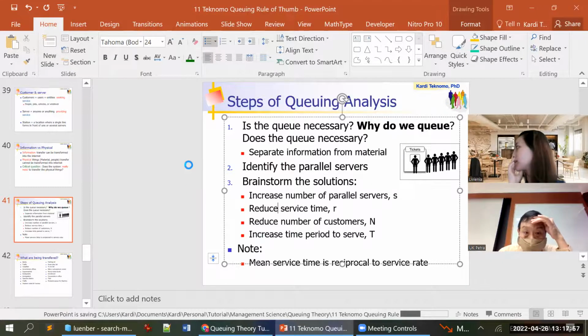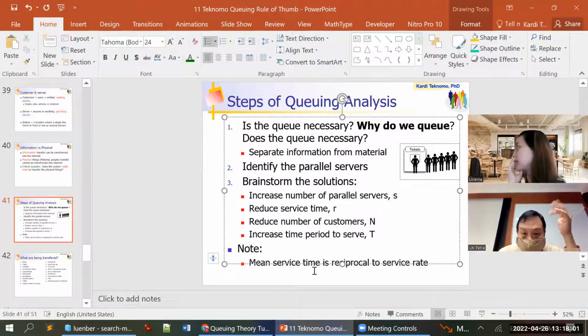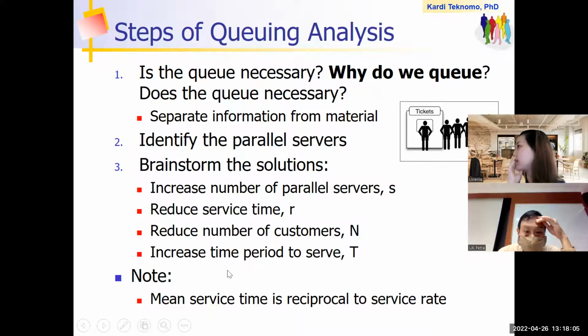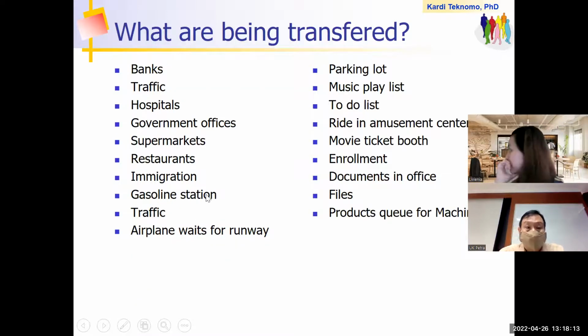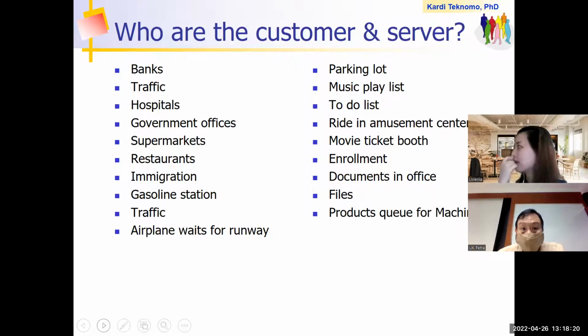And the time period to serve, of course, the performance, you also want to reduce in this case. Then you check what is being transferred. These are examples of the list, and who actually are the customer and the server.